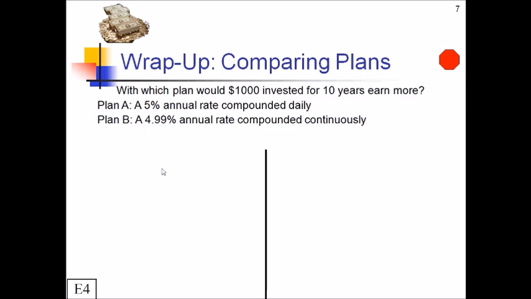All right, let's start with Plan A. So for this one, we're going to use our normal formula of P b to the t, but we're going to have to use our compounding formula for b. Since we've got 5% compounded daily, that means we're going to have to do 1 plus 0.05 divided by 365 for daily, all raised to the 365th power. And let's do that on the calculator.